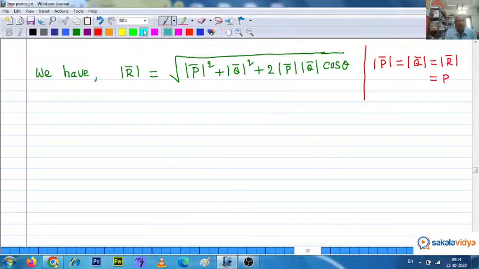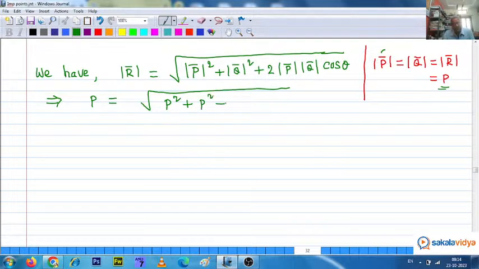Let us substitute now. Instead of mod R, you can write P, is equal to root of, instead of mod P, you can write the same P, so P square. Mod Q is also P, so mod Q square means P square, plus 2 times P times mod P, which is P, mod Q is also P, and cos theta.